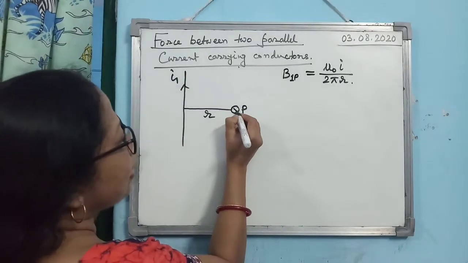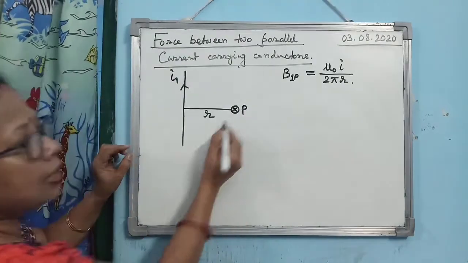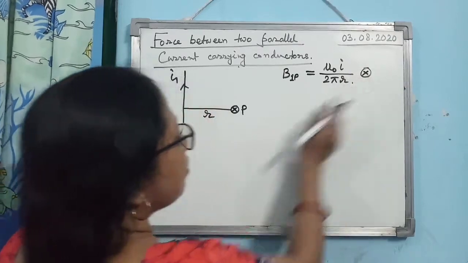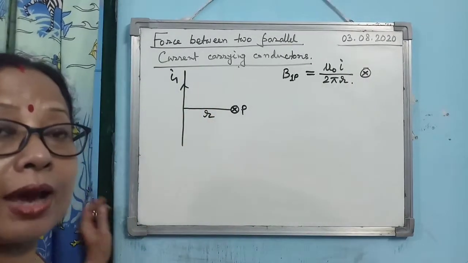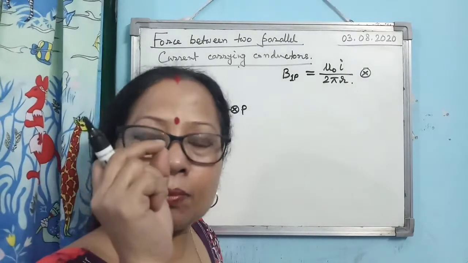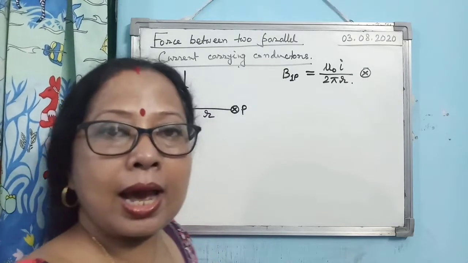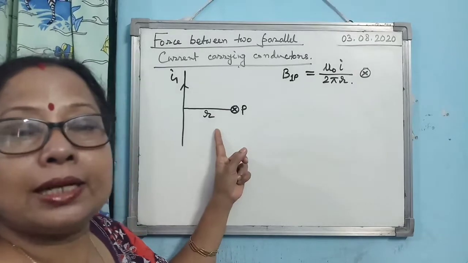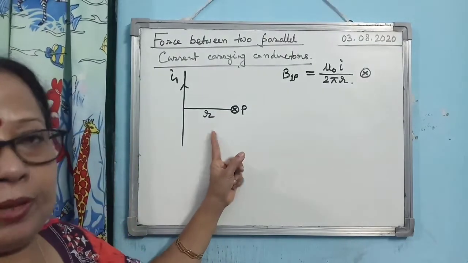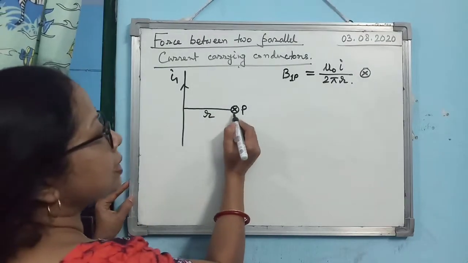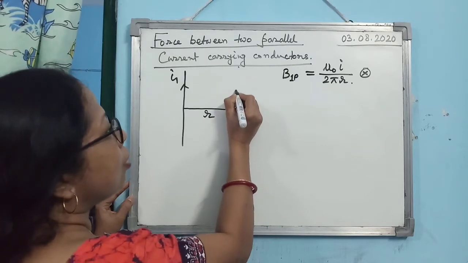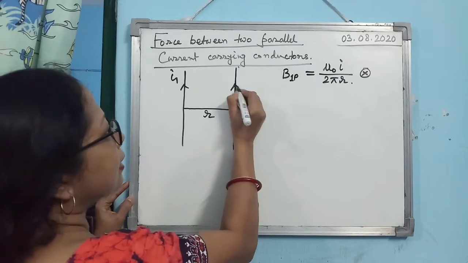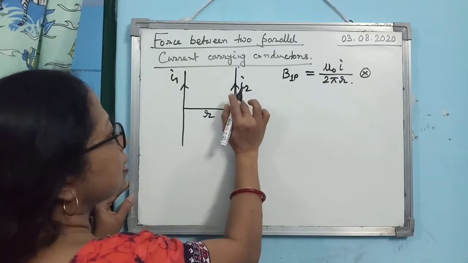So the direction of the magnetic field is cross. That's why I have not denoted the point by a dot only; I have drawn a circle, so that we can show the direction of the magnetic field at the point P. Now you have placed the second conductor at this point, I2. Is that clear?